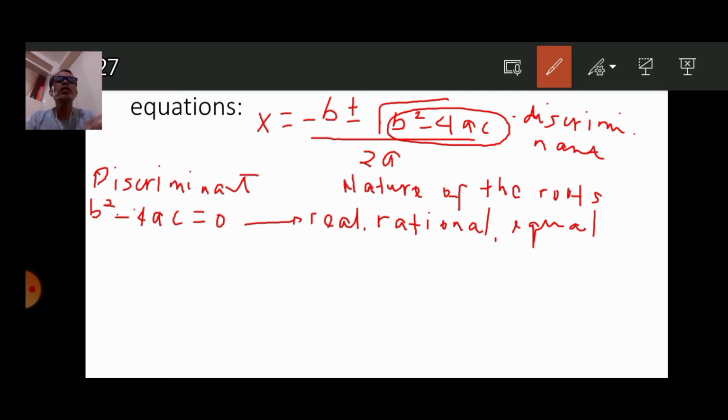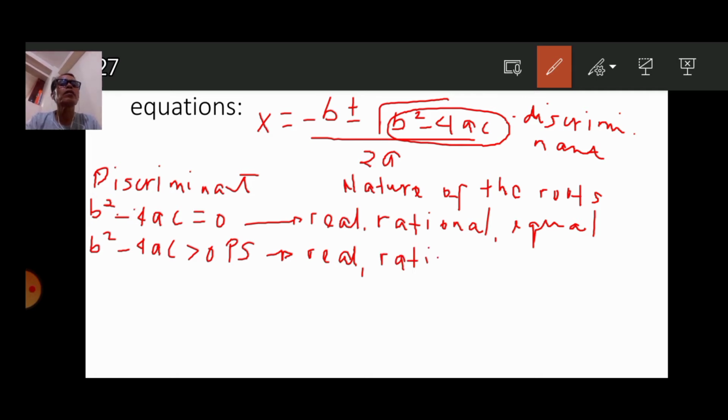If the discriminant b squared minus 4ac is greater than 0 and a perfect square, then the roots are real, rational, and unequal.